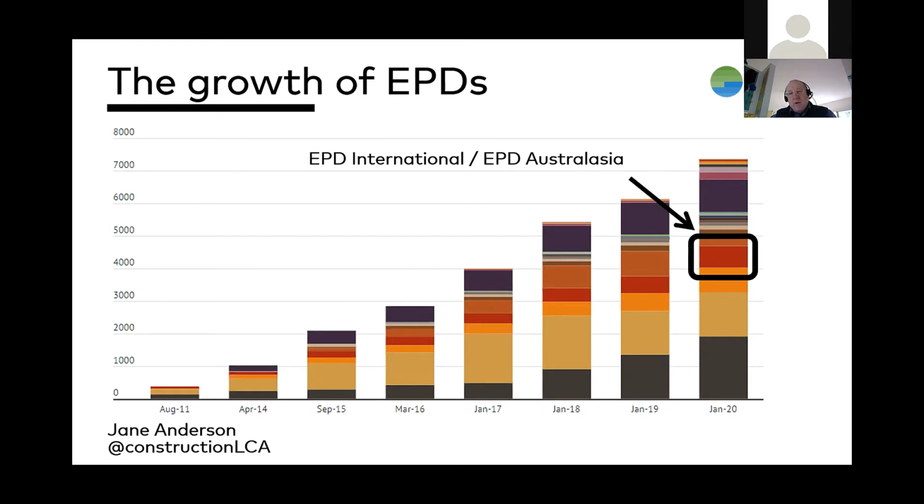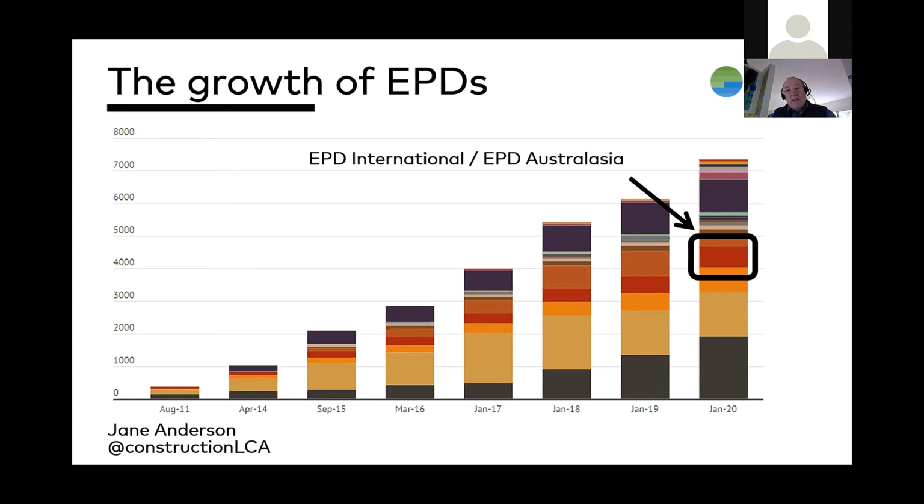Our system, where the Wood Solution EPDs are registered, is the EPD Australasia system, which is a partner of the EPD International. And you can see there's something like 1,000 EPDs registered in that EPD International system, of which EPD Australasia is a part, but there's other EPD programs which add up to about 7,000 EPDs.